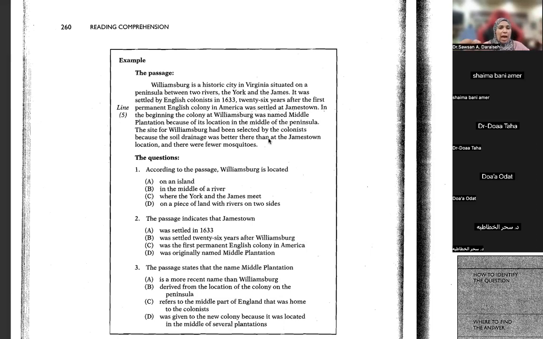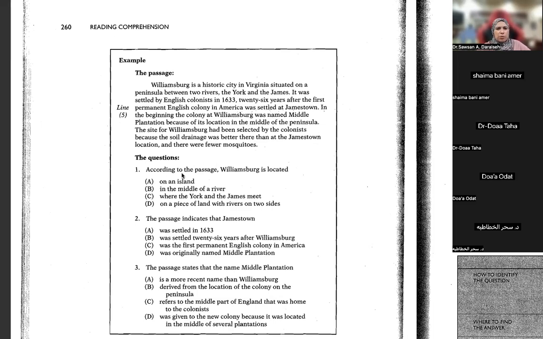The animal droppings make the soil very fertile, by the way. Okay. So anyway, the soil drainage was better than at the Jamestown location, and there were fewer mosquitoes. Mosquitoes are what? "Namus". They liked this place because it didn't have that many mosquitoes, you know?